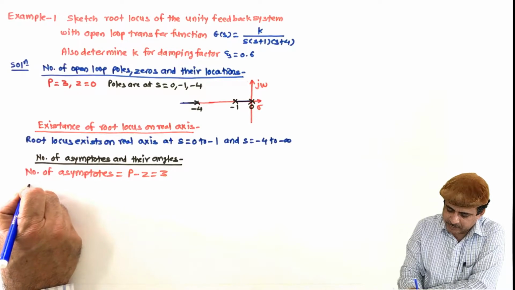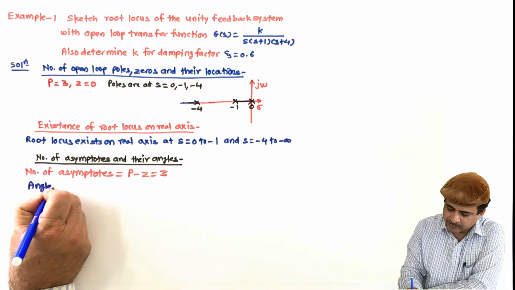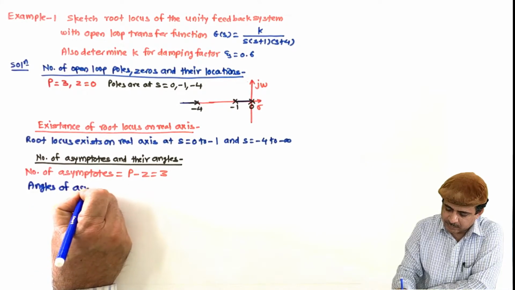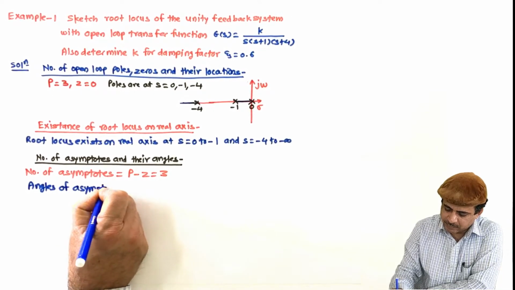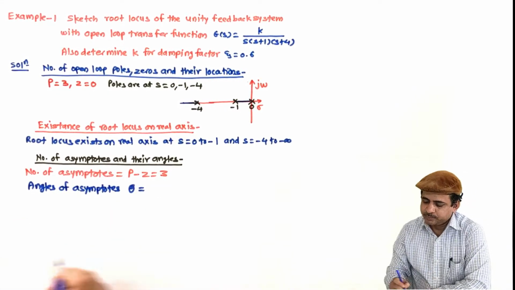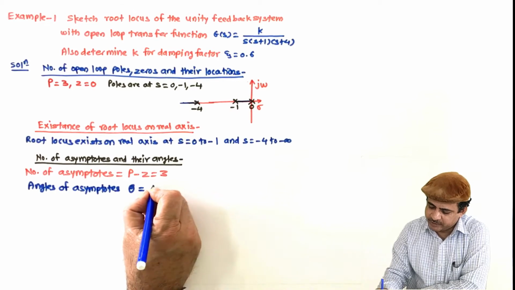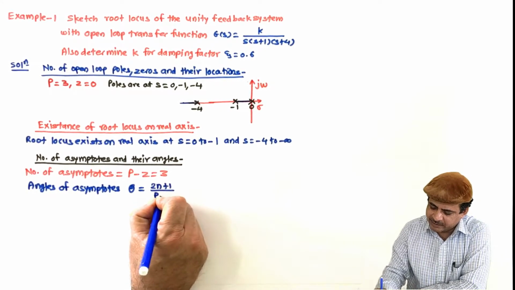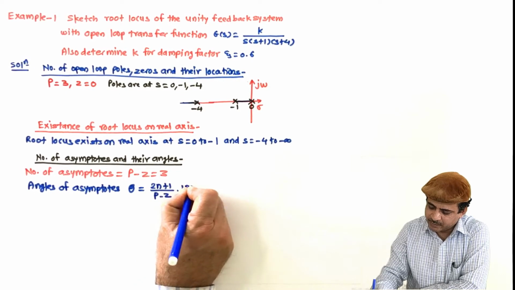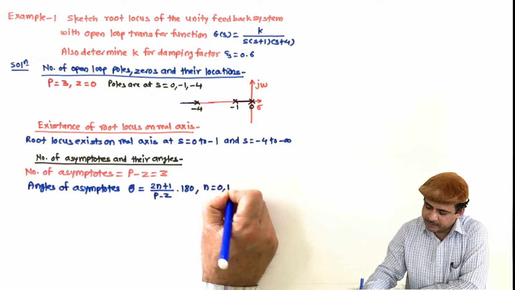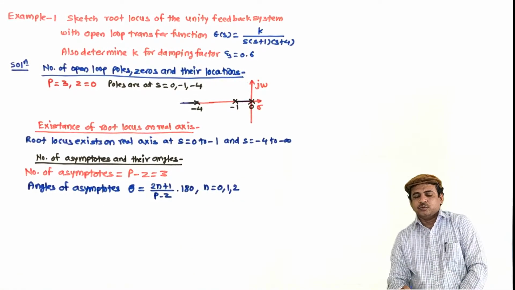and their angles theta equal to, we will write the formula just in the first example, and from here onwards we will do these calculations directly. 3 asymptotes, so n will be 0, 1, 2.